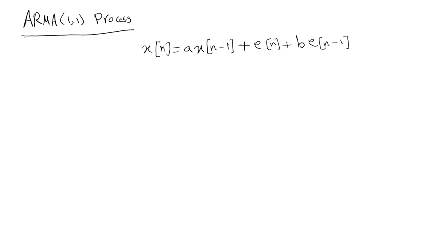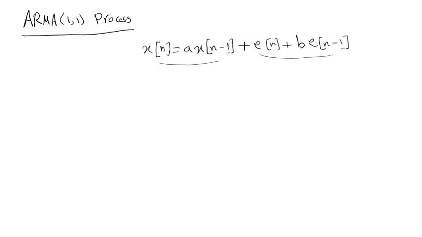This is the moving average part, and this is the autoregressive part, and order refers to this delay 1, and here is 1. We call this process as ARMA 1 and 1 process.